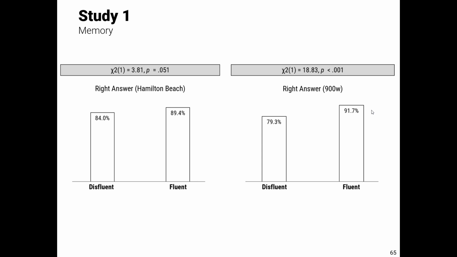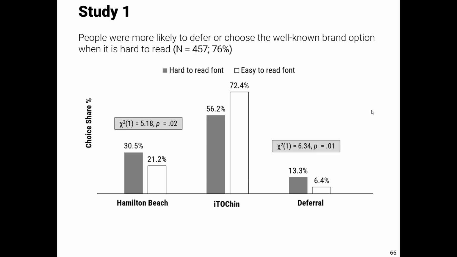But to show this effect above and beyond memory, we ran the main analysis again across those who answered correctly to those two attention check questions. So among the 76% of people who answered those two questions correctly, we found the same pattern of results. People choose more often the option with a better brand name when it was hard to read the information. Also, people defer more often when it was hard to read the information.